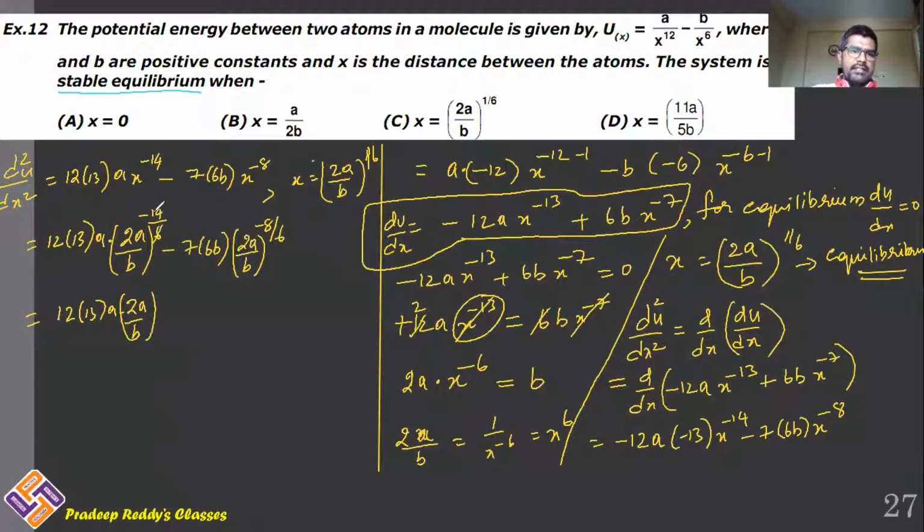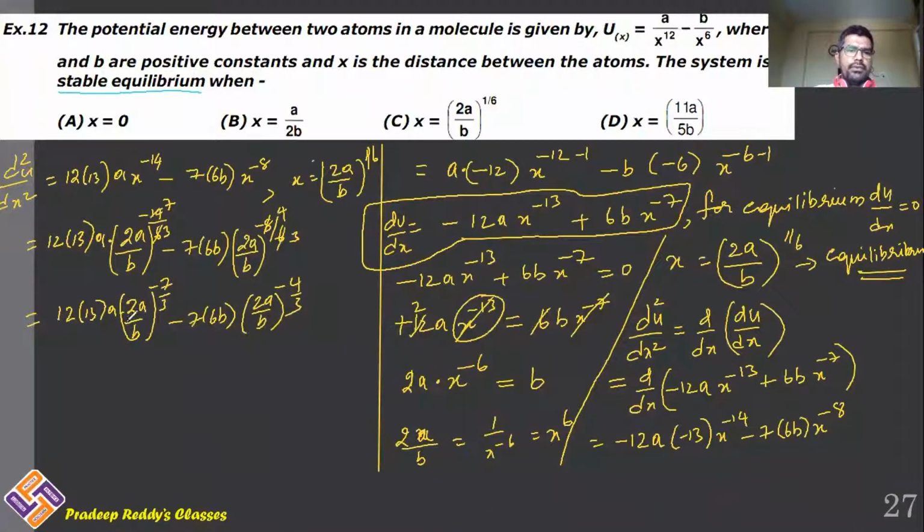You can cancel this as 2 3 6 2 7 14. That is minus 7 by 3 minus 7 into 6b. It is 2a by b, and this gives you 2 3 6 2 4 8. That is minus 4 by 3.